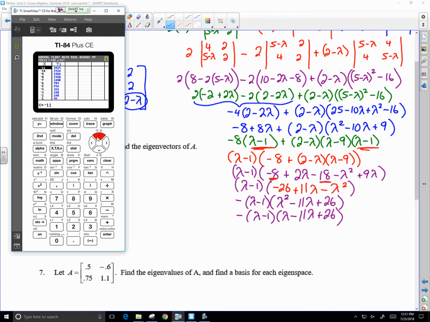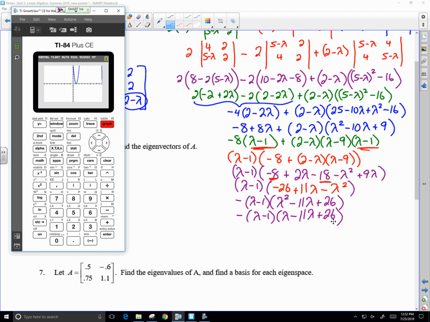I got a 0 at 1 and 10. Well, that just ran out. It's this number here, because it looks like I have a double 0.